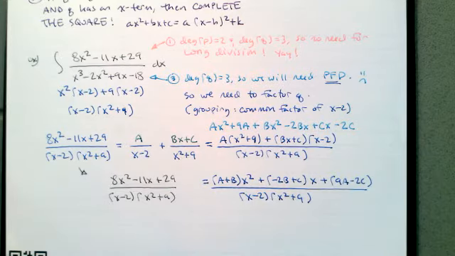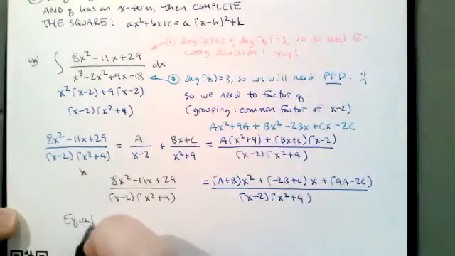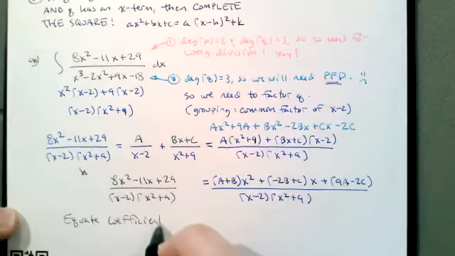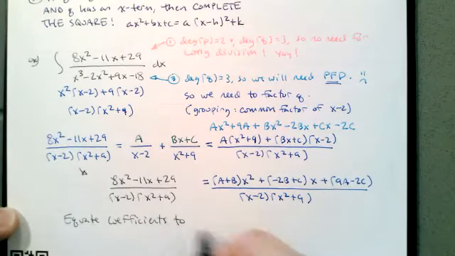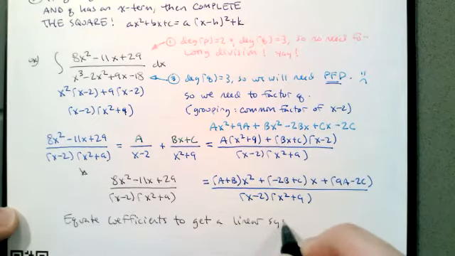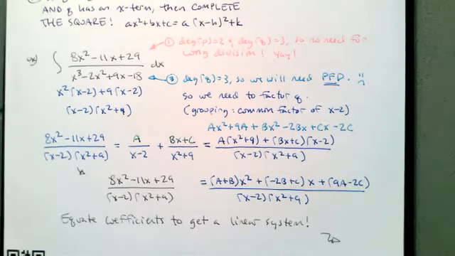So now we're going to equate coefficients to get a linear system. a plus b is equal to 8.